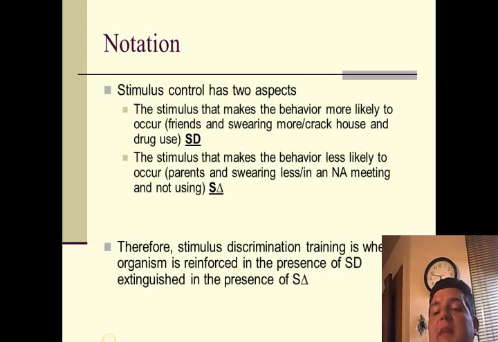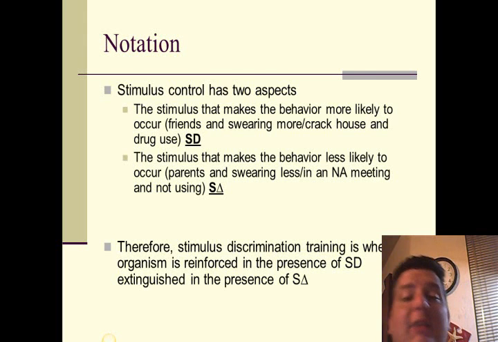S delta is the stimulus that makes the behavior less likely to occur, parents and swearing. If you're in front of your parents, you're less likely to swear. And in a meeting and not using. That's S delta. Therefore, stimulus discrimination training is when an organism or person is reinforced in the presence of SD, more of, or extinguished in the presence of S delta, less of.